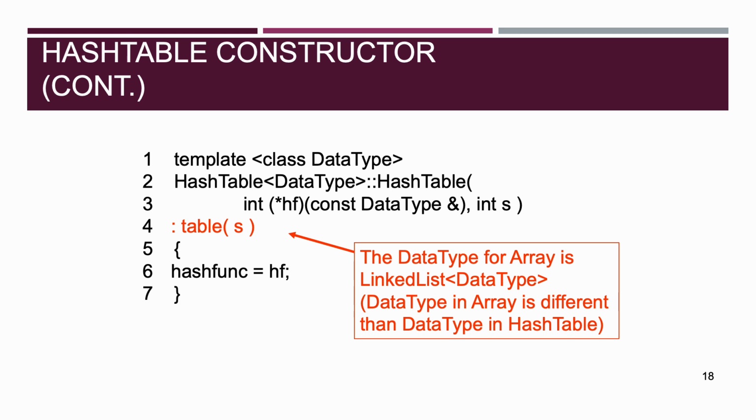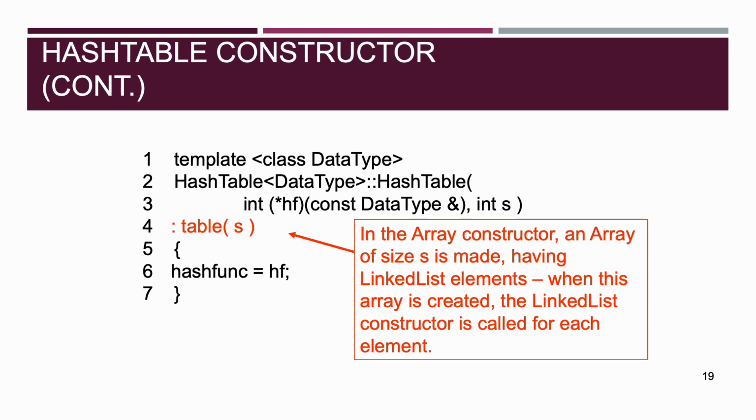This structure is key to implementing the chaining method for handling collisions in the hash table. Instead of storing data type objects directly in array, we store linked list data type, allowing each index in the array to maintain its own list of elements that hash to the same index. Now, by passing s as the size to the array constructor, we ensure the hash table has the necessary capacity to store our linked lists at each index.